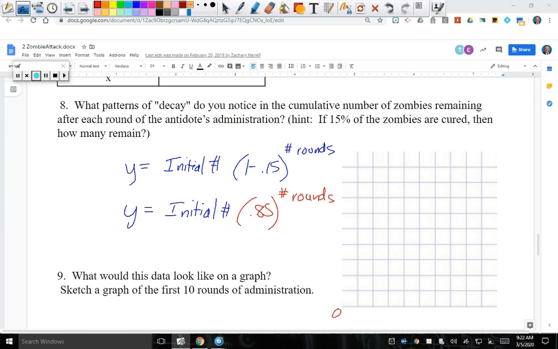The rounds, let's say 0, 1, 2, 3, 4, 5, 6, 7, 8, 9. These are the rounds of the antidote. And these are billions of zombies. So zombies, but in billions. Okay. So now I have 1, 2, 3, 4, 5, 6, 7, 8, 9.